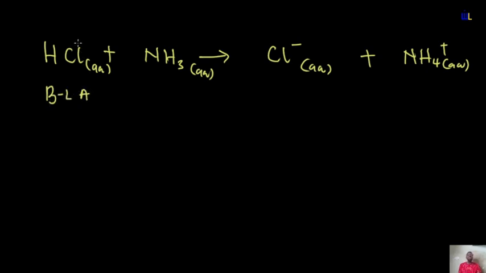I now mentioned something, that this acid formed this guy. The product that is formed after a Bronsted-Lowry acid donates a proton is a conjugate base. So have that in mind. Acid forms the conjugate base, while the base will have to form the conjugate acid.